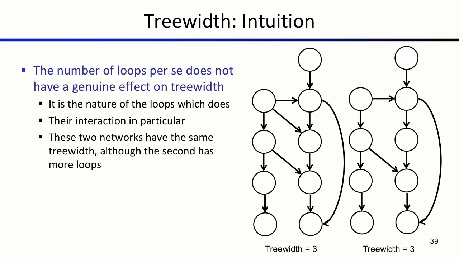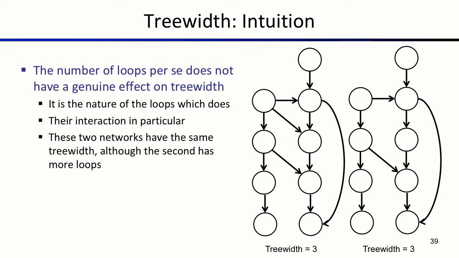And again, our life would be much easier if we just had to count the number of parents per node and the number of loops in a network and do some form of computation and get the tree width, but it's not that simple, unfortunately. So another observation is that the number of loops per se does not have a genuine effect on tree width. We can have one example here. We have two networks.